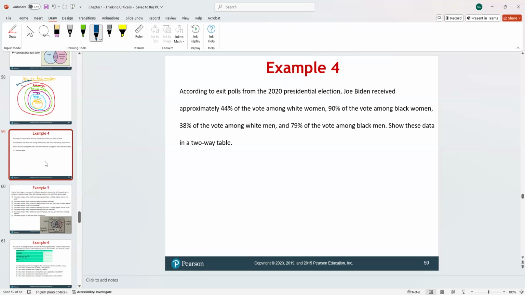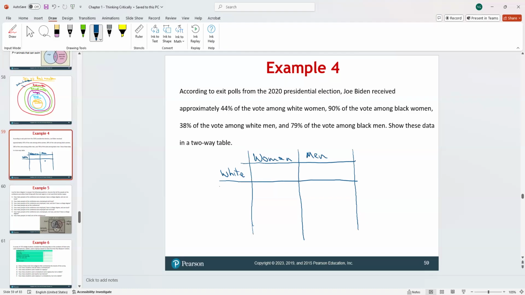So what we're going to consider as a two-way table, look, very easy. They talk about female and male, right? Let's say women first. I could put men first, but I put women because they talk about them first. They also talk about white and black, so I'm going to put white and black.